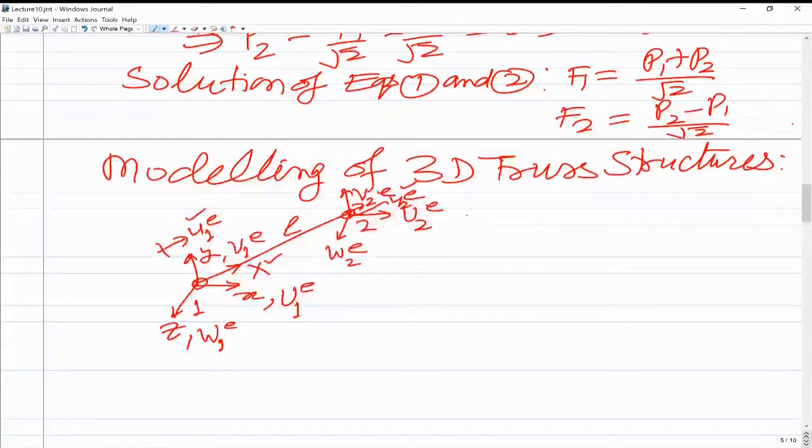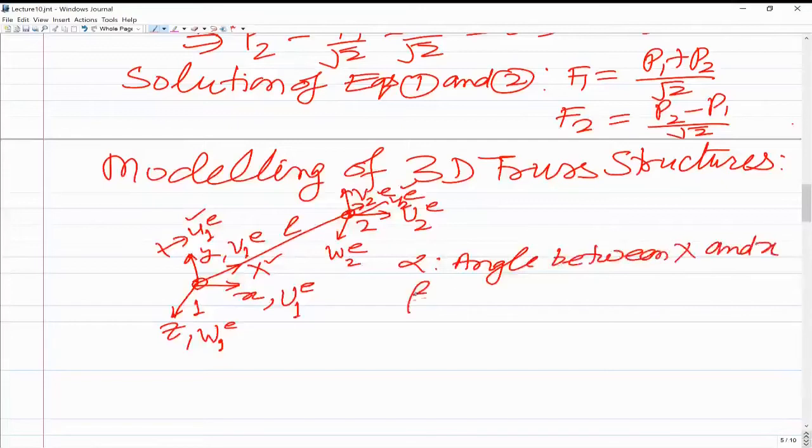You need to get these coordinates from the data when you create the structure. Let's say alpha is the angle between capital X and small x. Beta is the angle between capital X and small y.